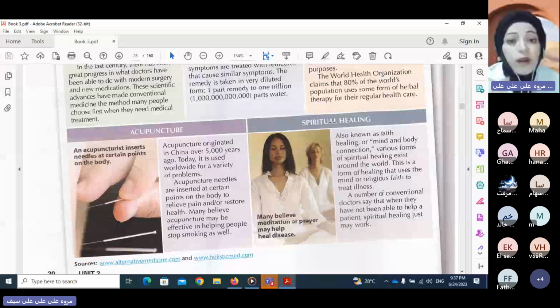Now we are going to read every part of it, to give me a summary or just one or two ideas under each title, telling me what that kind of medicine or healing is in the first place. We are going to start with the first one only, to understand it fully: conventional medicine. Have a look at the picture and read that part only.